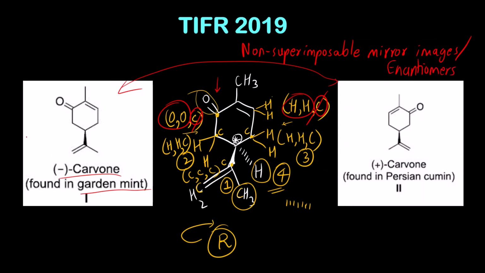So since for the first molecule the absolute configuration is R and the second is an enantiomer of the first, the absolute configuration for this will be S.